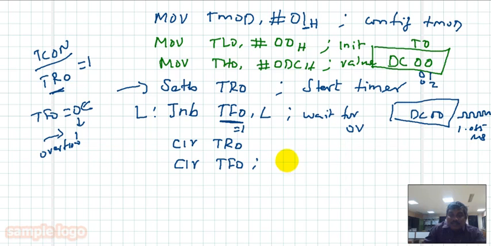Now you are clearing the overflow bit to 0. If you don't write this instruction, it is not possible to repeat your program, because once the bit is set, if you reload the initial value, the controller assumes again that the timer has already reached overflow, and you will not get the required delay. So this instruction is very important. Stop the timer immediately. This is nothing but stop timer.